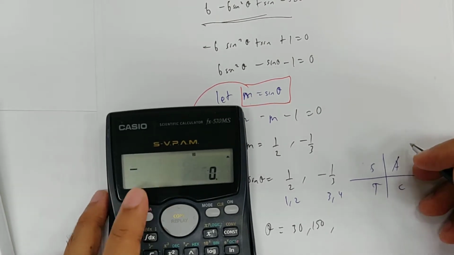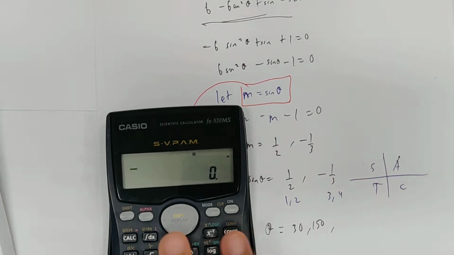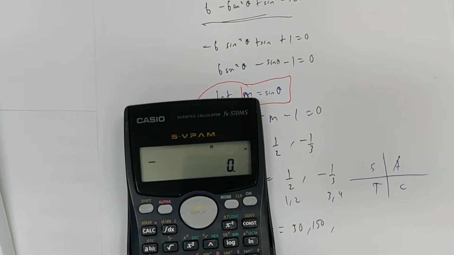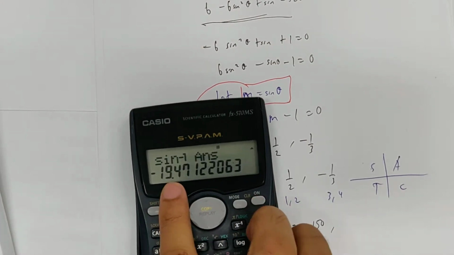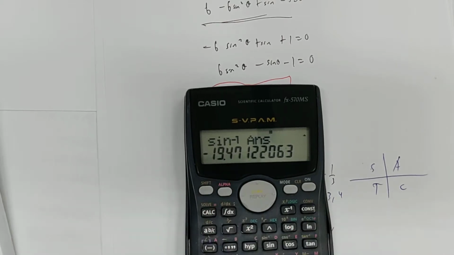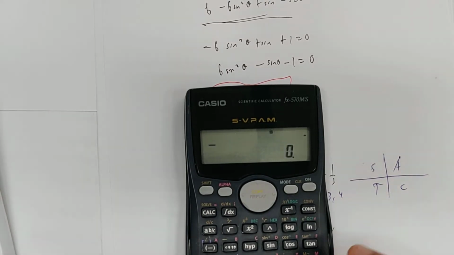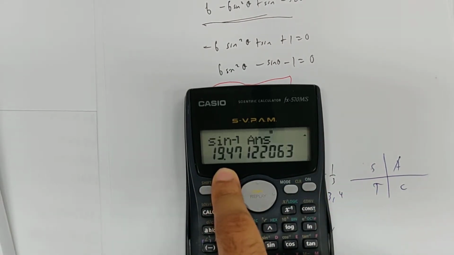Okay, if you go straight to negative 1 over 3 and shift sine, you get this negative issue here, which I think is quite difficult for you to solve. So my advice is this: take the negative out first. 1 over 3, shift sine, you got yourself 19.47.